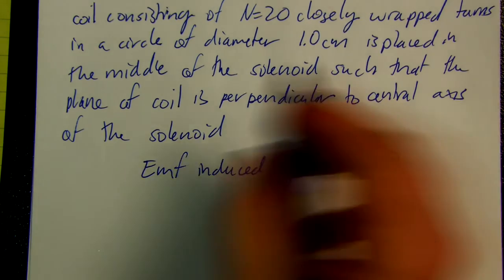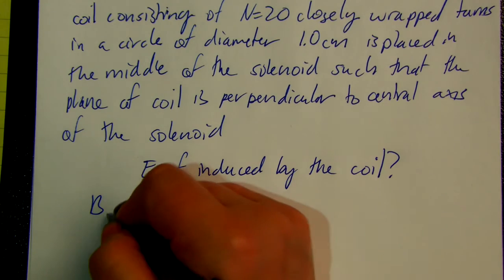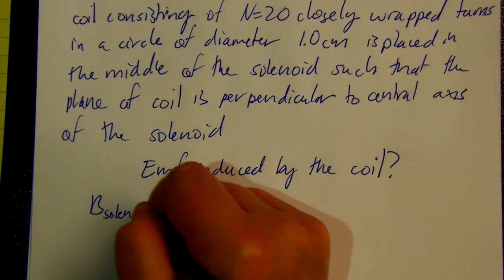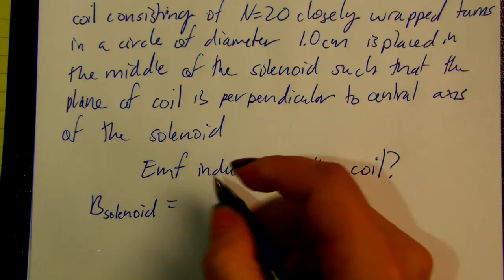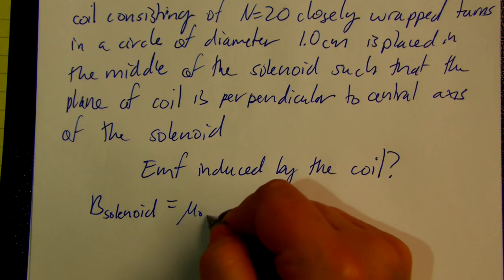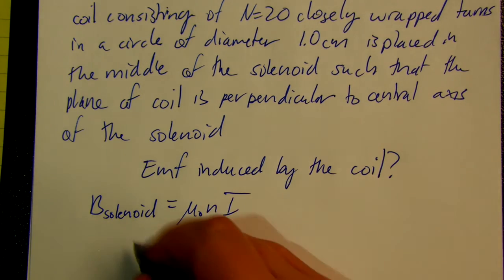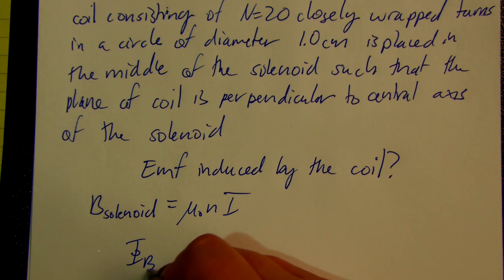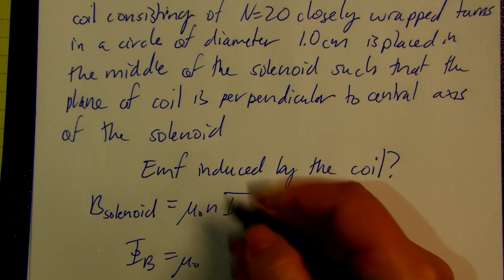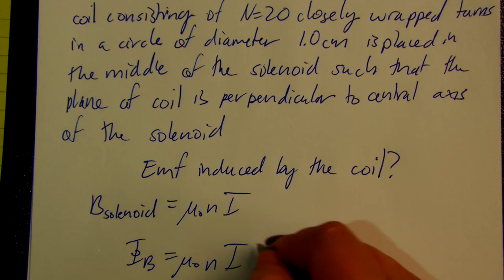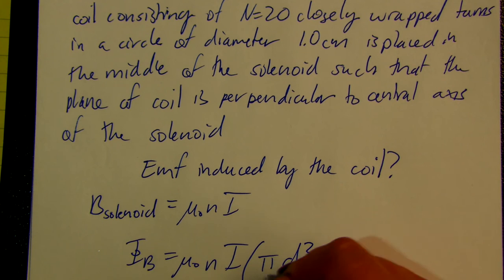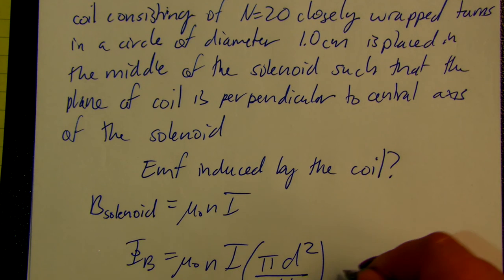All right, so, excuse me. How many of you yawned along with me? So the magnetic field of the solenoid is mu naught N i. Magnetic flux is equal to mu naught N i pi d squared over 4 for each loop.